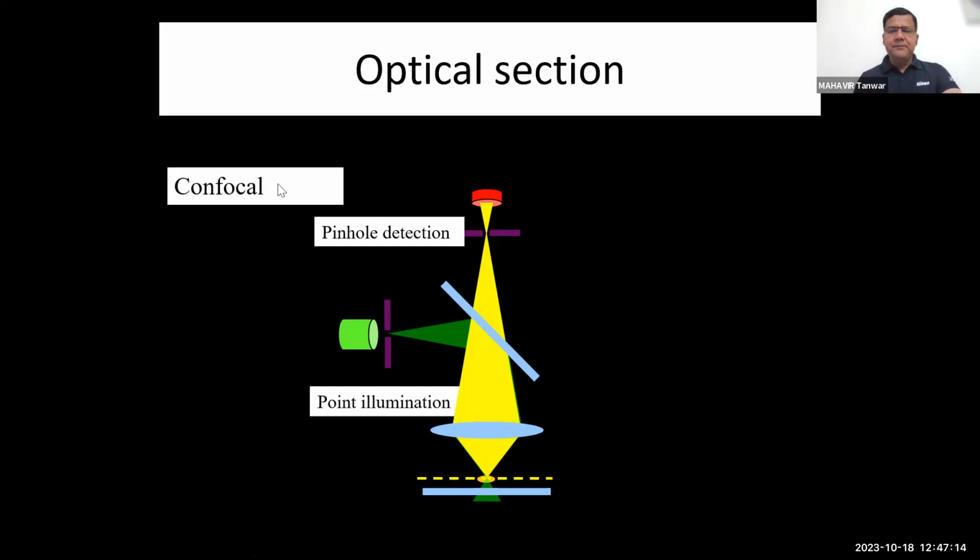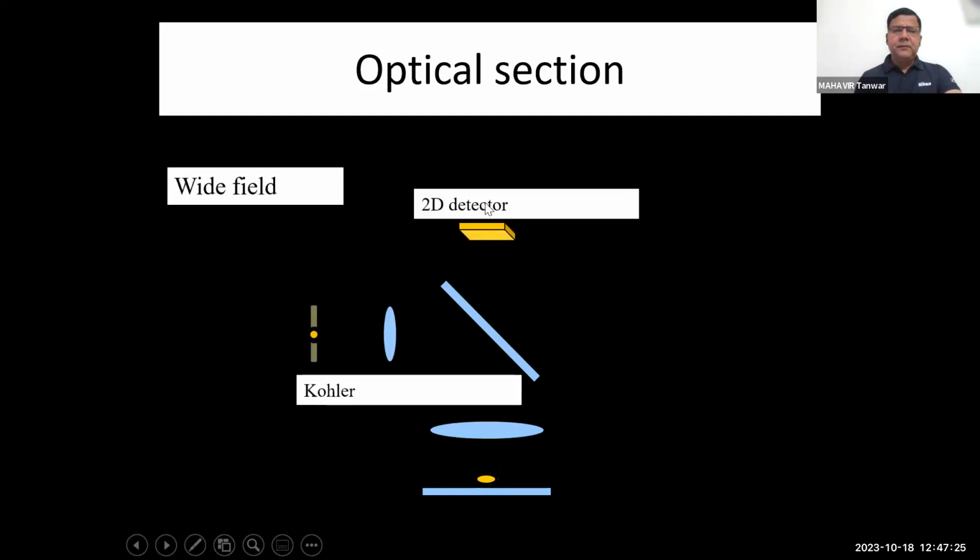It's a point illumination. Then it is hitting the dichroic, going through different mirrors to the sample, and the emission is coming back to the same dichroic mirror, and through the pinhole it is going to the detector. Now, in a wide field fluorescence, what happens? First of all, the illumination changes to an LED or a mercury lamp. The same concept is there.